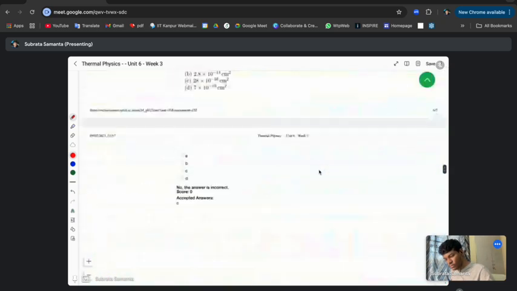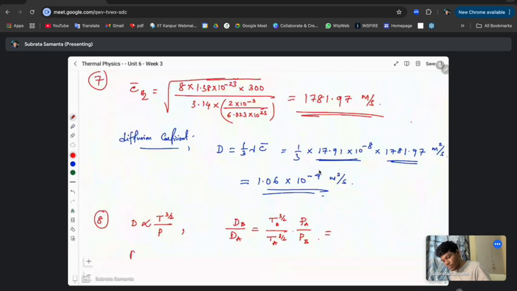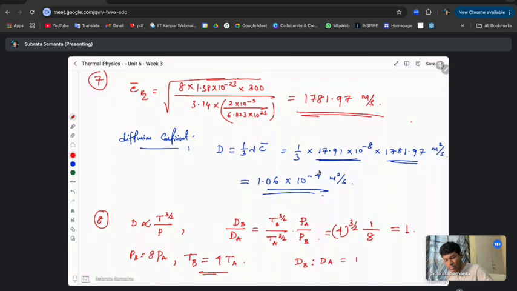PB is 8 PA and TB is 4 TA. So that means 4 to the power 3 over 2 and 1 over 8, which gives 1. So that means dB to dA is 1 to 1.